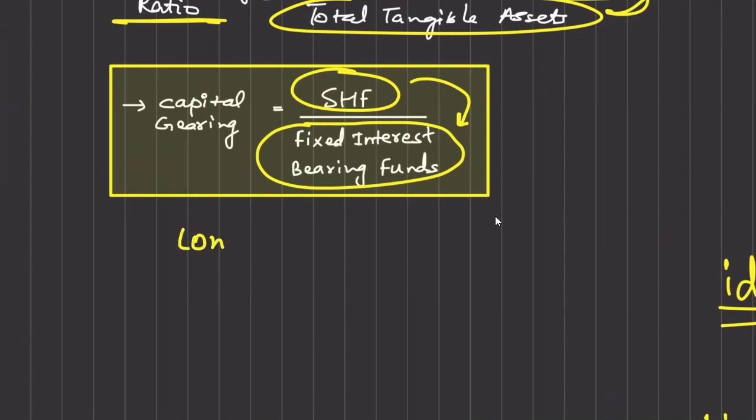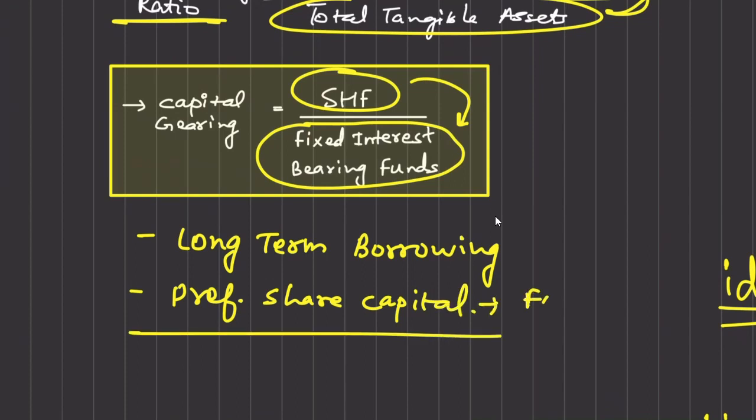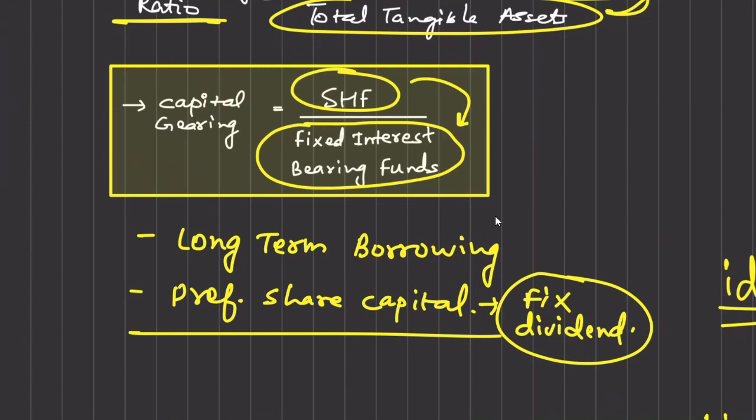Obviously, your long term borrowings would be covered into this. But this will also include one more thing, that is preference share capital. Because on preference share capital, you need to pay a fixed amount of dividend. So that is also your fixed return bearing fund.